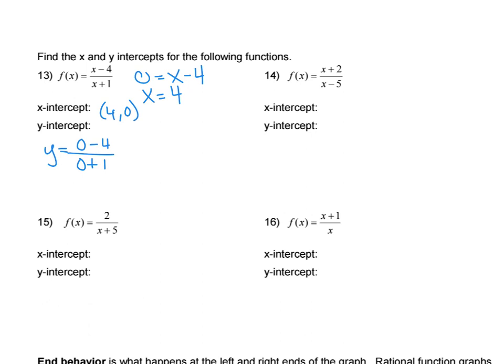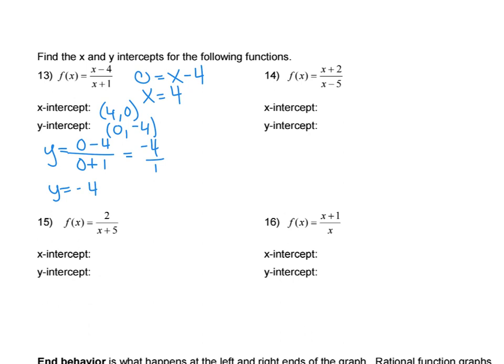So y equals 0 minus 4 over 0 plus 1. That just simplifies as negative 4 over 1. So y equals negative 4 is our y-intercept. But once again, we don't just write y equals negative 4. We put it as an ordered pair. So it's (0, -4) for our y-intercept. And that's it. Let's move on to number 14 now.